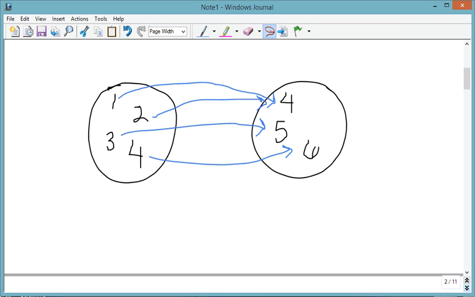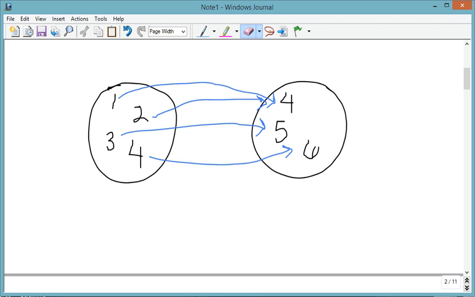And it's important to know which one is the domain. In fact, this relation here, if we use this first one as the domain and the second one is the range, it's a function, fine. But if we switched it and had this be the domain and we went the other way, it wouldn't be a function.